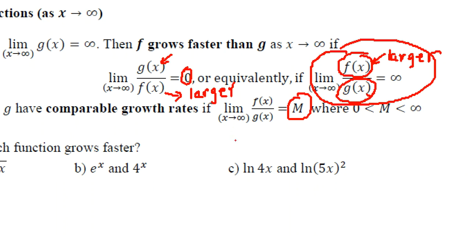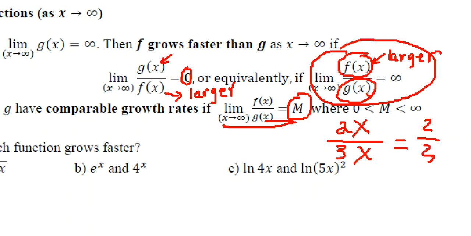Now, let me give you one quick example for this third scenario. For instance, think about 2x. This is growing to infinity when x is approaching infinity. And 3x is also growing to infinity when x is approaching infinity. But this ratio is approaching two-thirds when x is approaching infinity. And therefore, this is a constant.